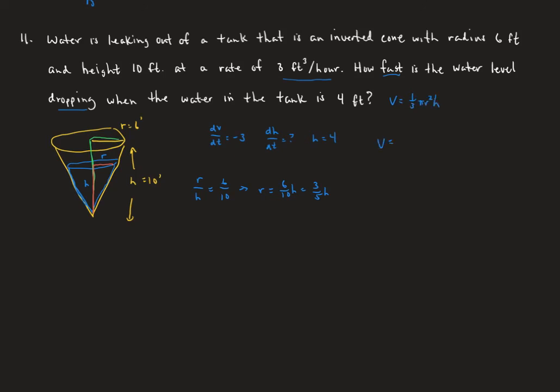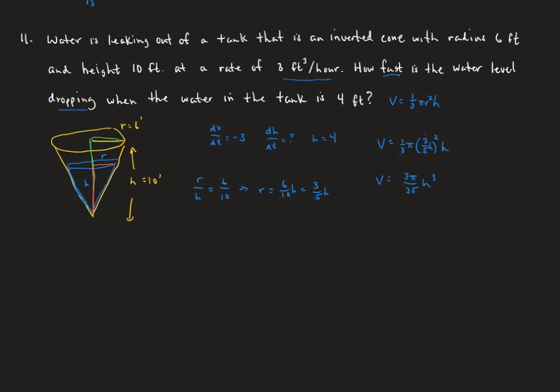So the volume of a cone is 1/3 pi r squared h. So our volume is going to be 1/3 pi, and we're going to replace that r by 3/5 h, square that, and then times the other h. So one of the 3's in the 1/3 and one of the 3's in the 3 squared can cancel. So we'll still have the extra 3 pi over 25, and then we're going to get an h cubed out of that.